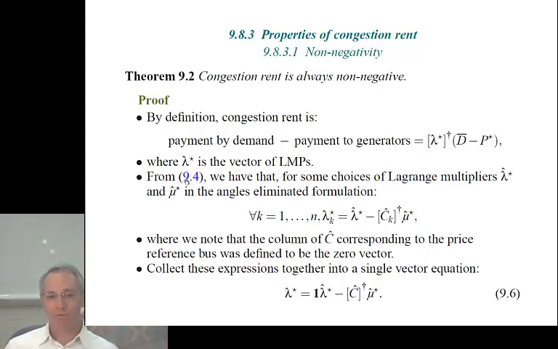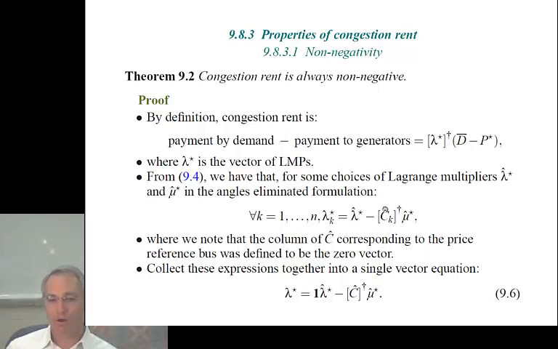So from section 9.4, we have that for some choices of Lagrange multipliers in the angles eliminated formulation, the LMPs are equal to the LMP at the price reference bus minus appropriate terms involving the shift factors times the Lagrange multipliers on the inequality constraints.